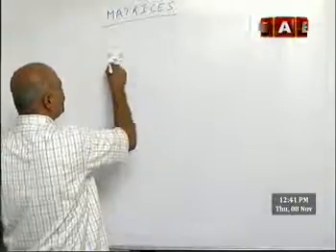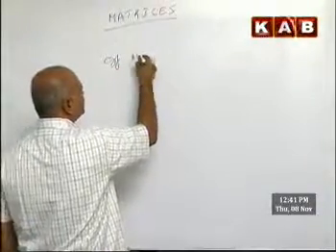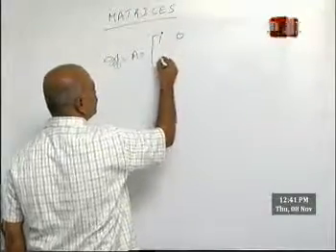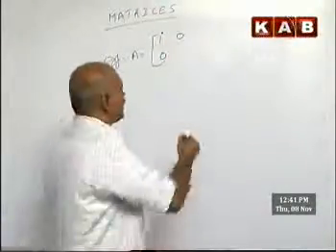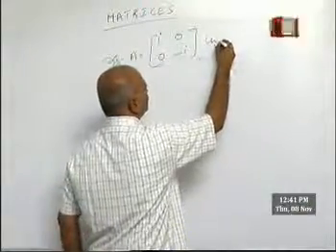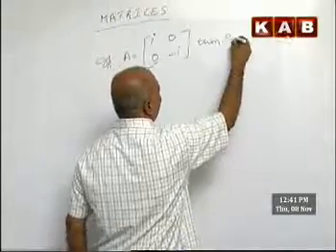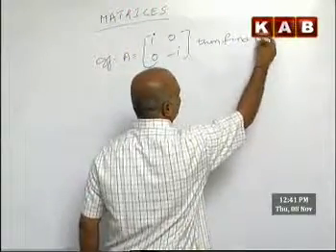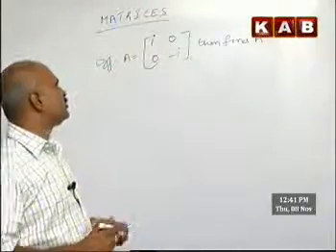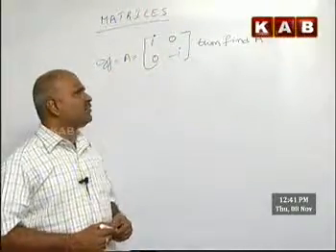If A is I 0 0 minus I, then you have to find out A square. Okay, you got A as I 0 0 minus I, then find A square.